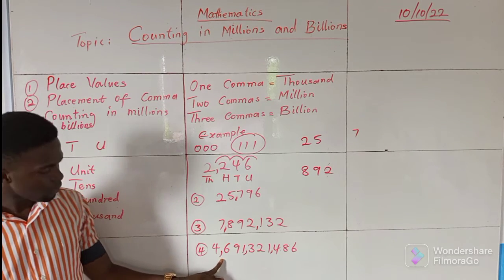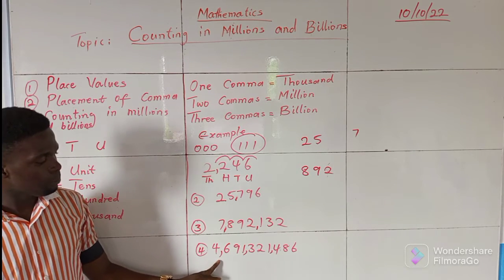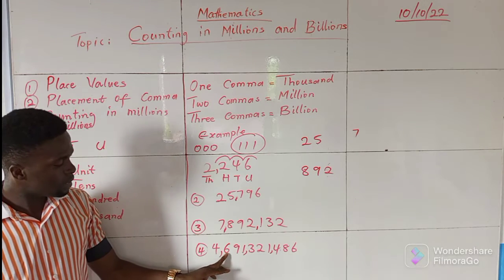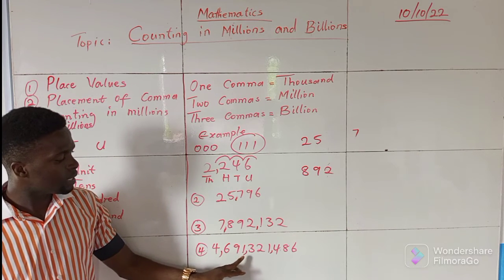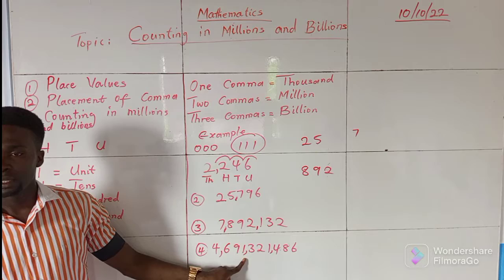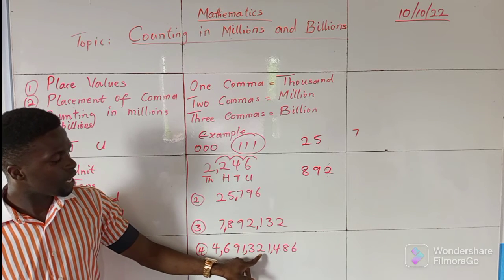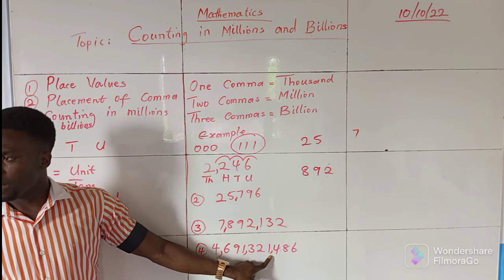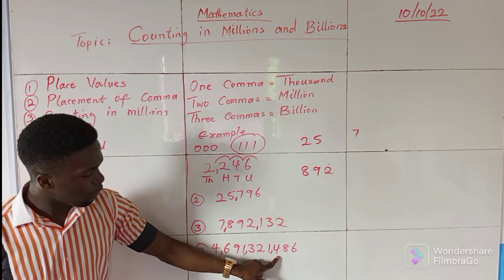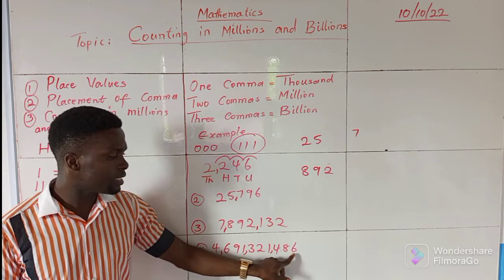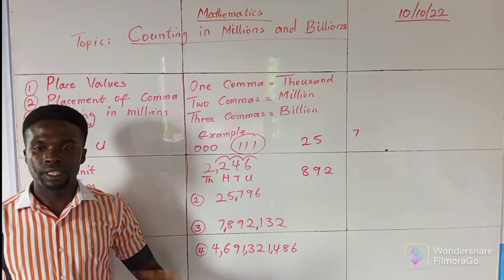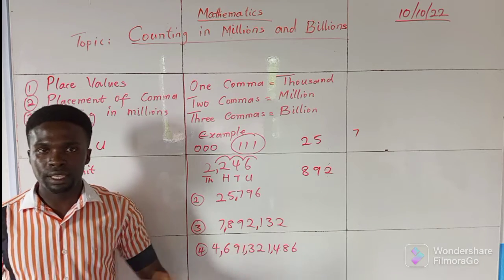You pronounce it 4 billion 691 million 321,486. You see, everything is now very easy.